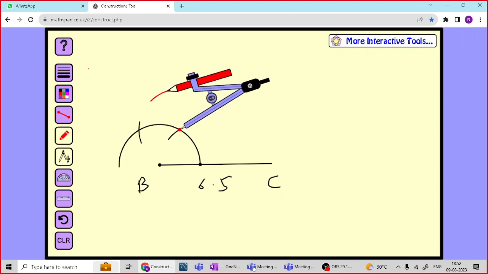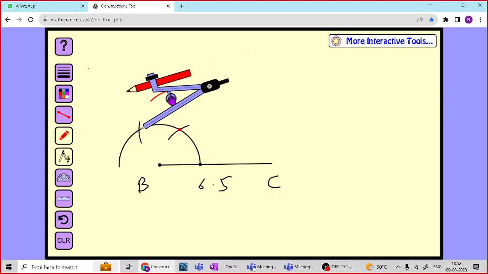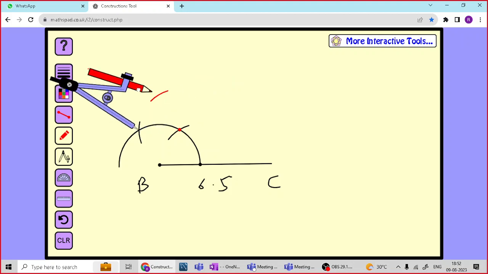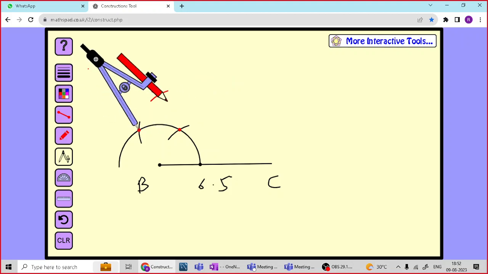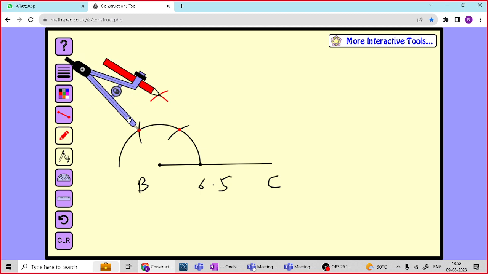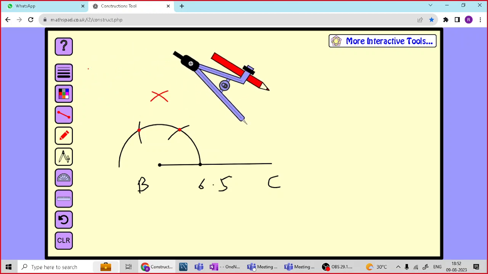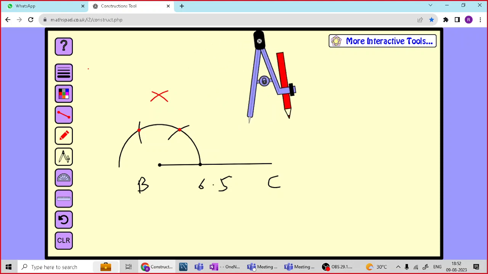Yes, Mariana. Sir, I forgot the name of that pencil thing, sir. What do you call it? The compass, right?